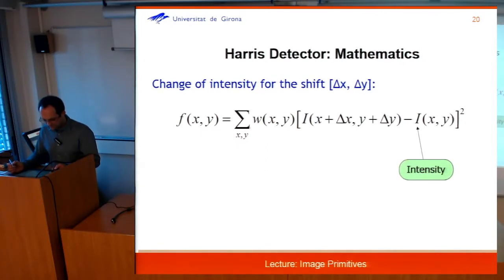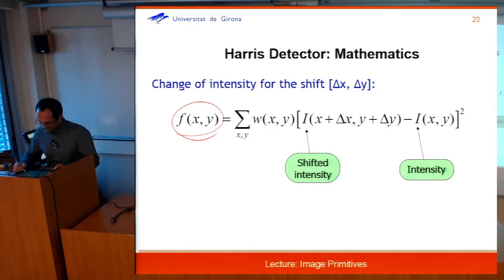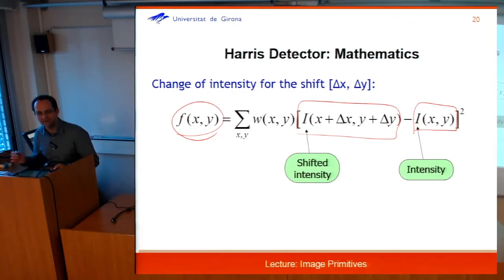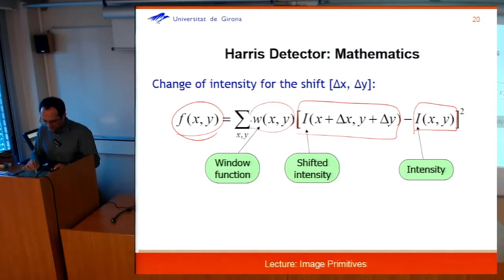So essentially, this is the function that the Harris detector is using, and what is taken into account is what's the intensity of my patch at delta x and delta y, so a shift in the patch, and we have this weight. This is wrong. It says window. It should be weight. It's a weight function. So this is weighting this difference.